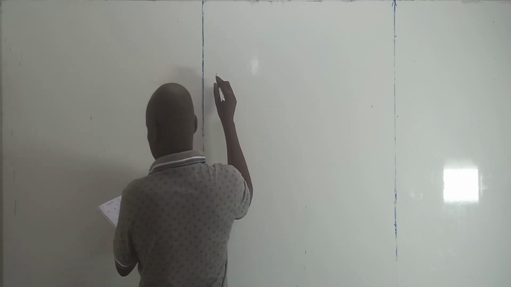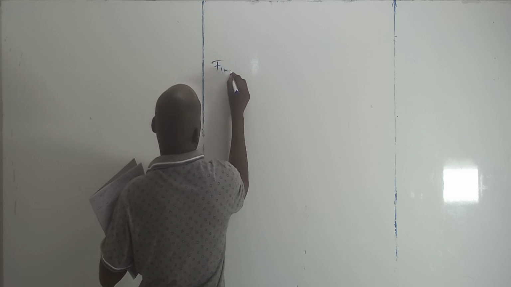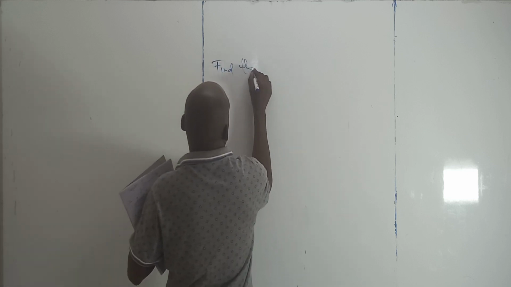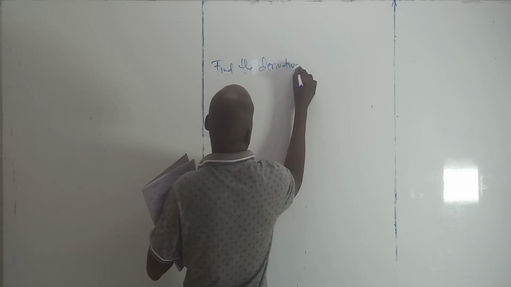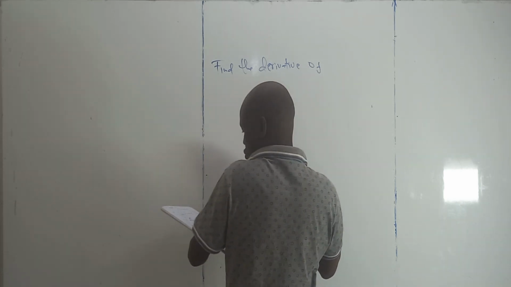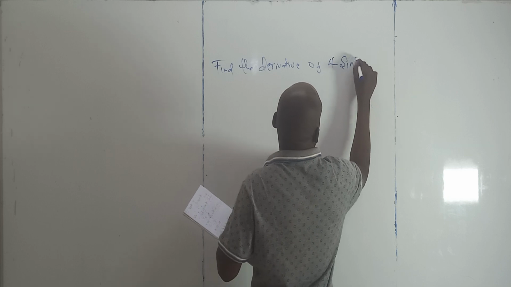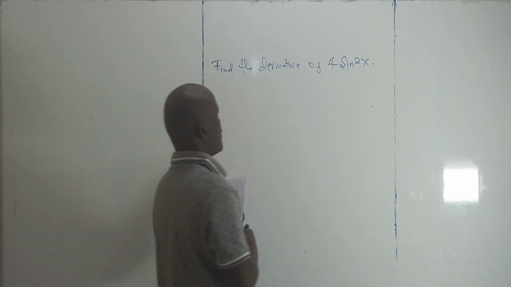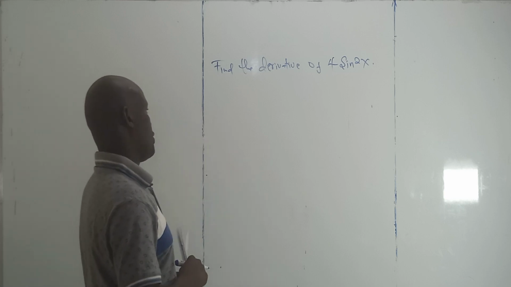Find the derivative of 4 sin 2x. Find the derivative of 4 sin 2x.